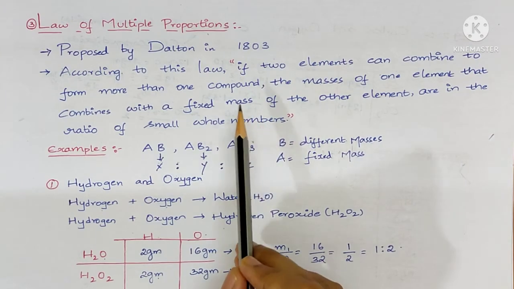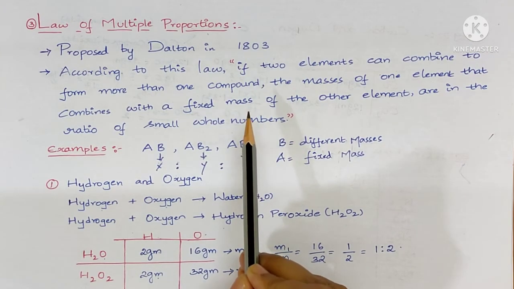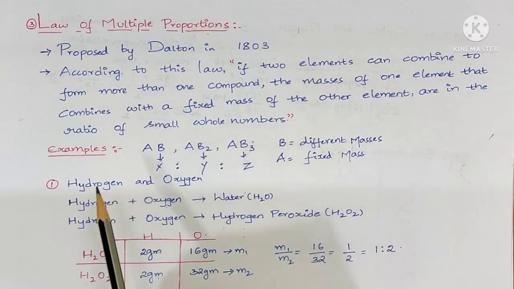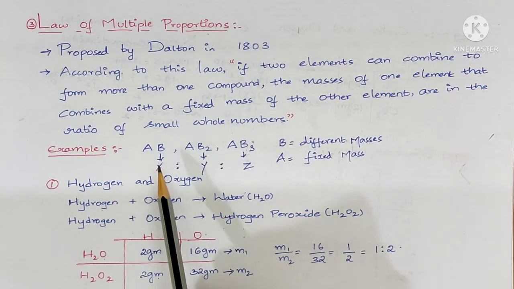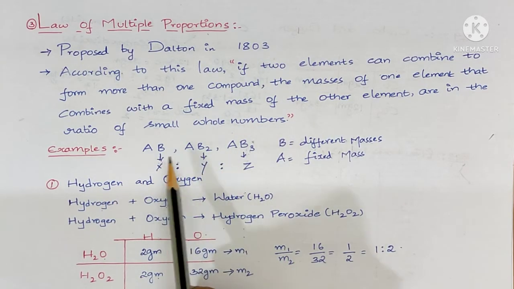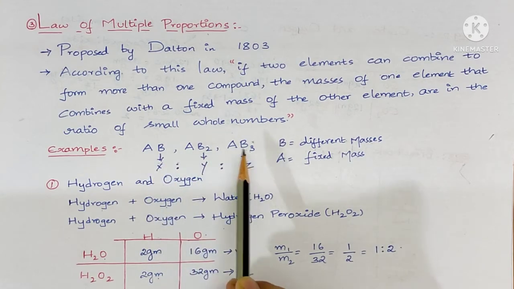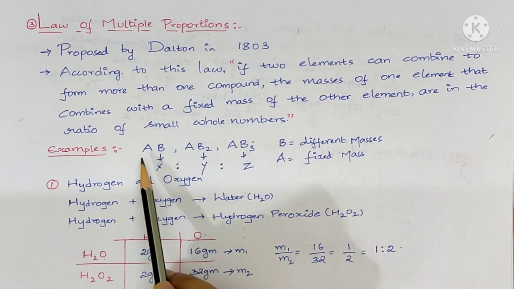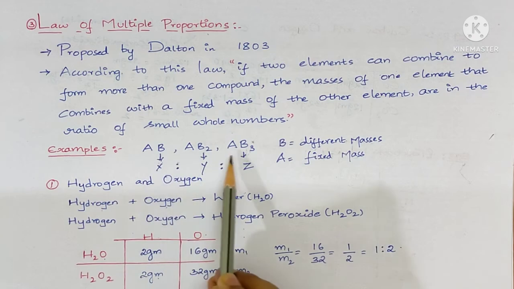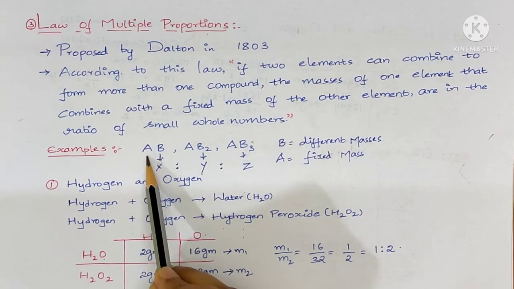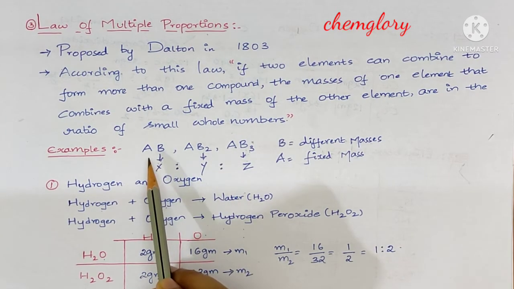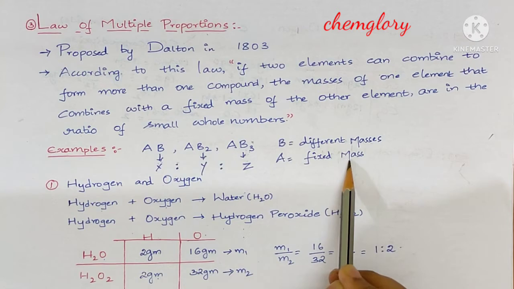Students, this seems to be a very big statement, but we can understand easily with the help of examples. Let us take three different compounds, AB, AB2, AB3. Here, when we compare A and B, in all three compounds, A has the same mass. So, we will denote A as fixed mass.